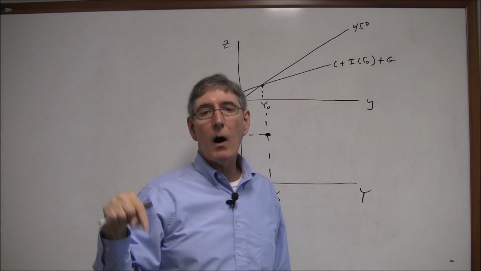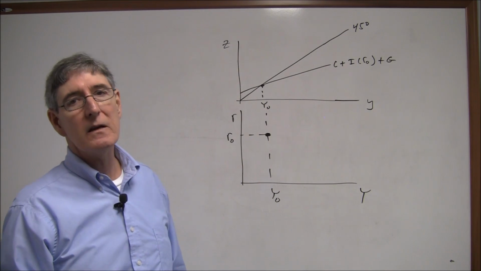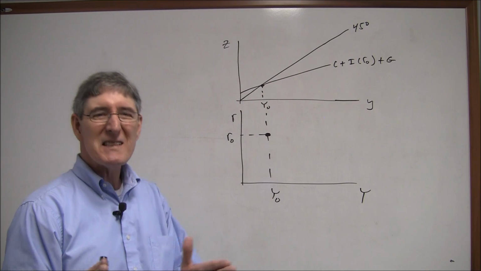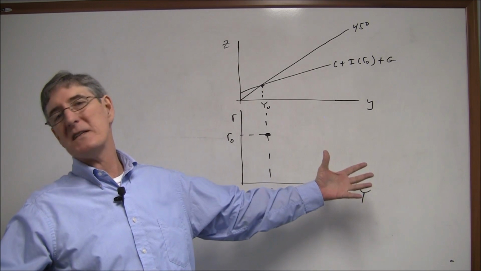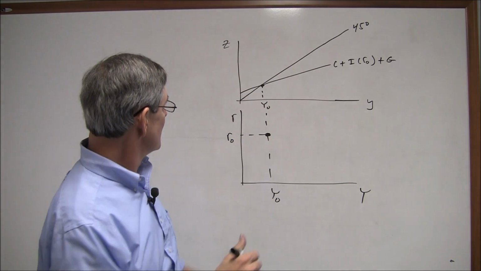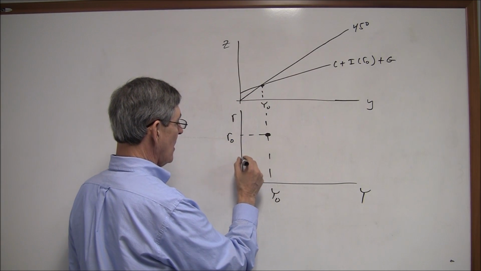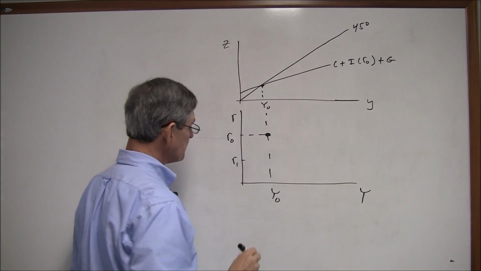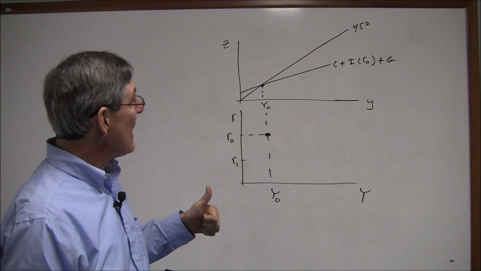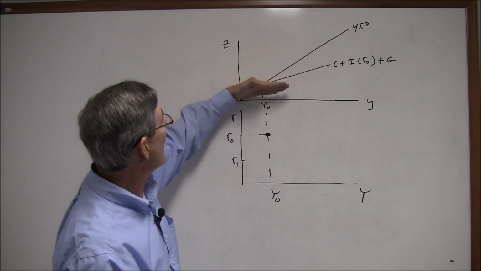Now we're going to let R go down, and we're going to have two different assumptions about I of R. One that it's tiny in magnitude, one that it's big in magnitude. And then we're going to see how the curve changes. So let's let R go down to R1 here. What that parameter does, when R goes down, this shifts up.